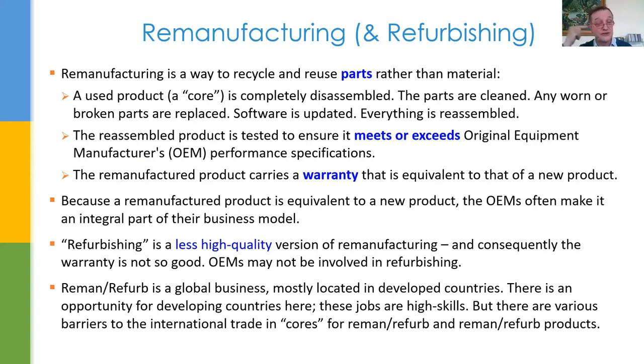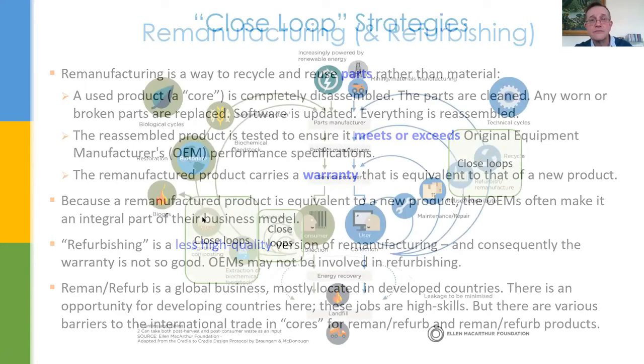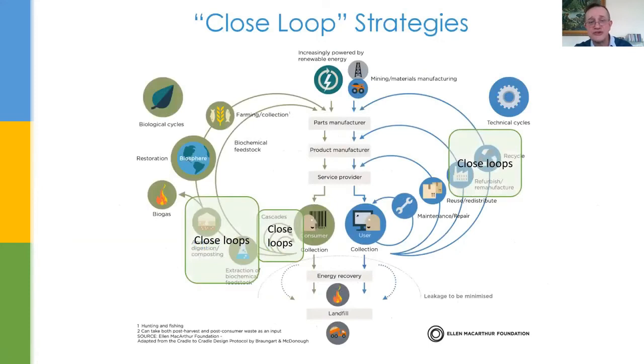I think that there is an opportunity here for developing countries. These jobs are not low skill, they're high skill, so this is good business for developing countries. But again, there are various barriers to international trade in refurbished and remanufactured products. And again, we have to have a dialogue, if we want to promote the circular economy, on what to do about those barriers.